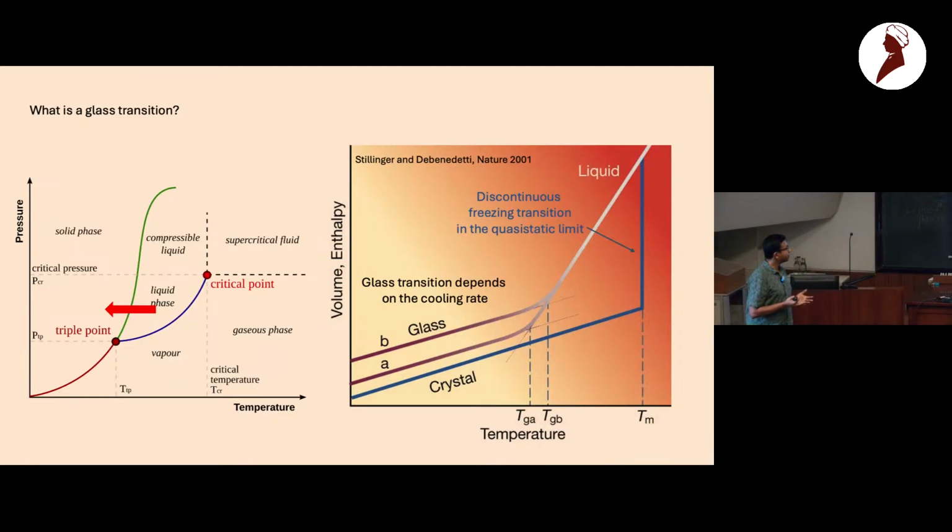So if you cool the system slow enough, so that your cooling rate is slower than the nucleation rate of the crystal, then you will discontinuously jump into a crystalline state. But if the cooling rate is fast enough, then you will get into what is called a supercooled liquid phase, which will eventually go to a glassy state through a non-equilibrium transition, okay?